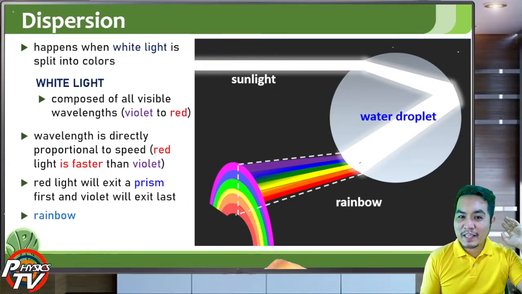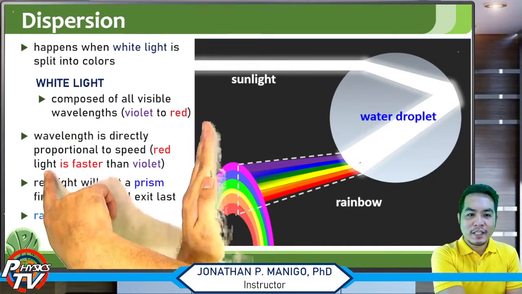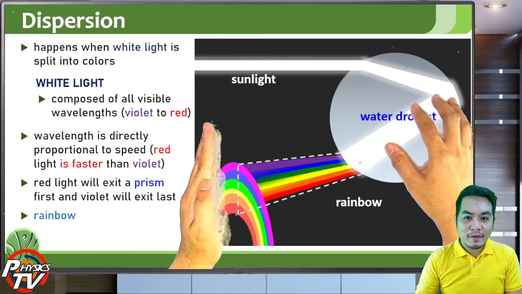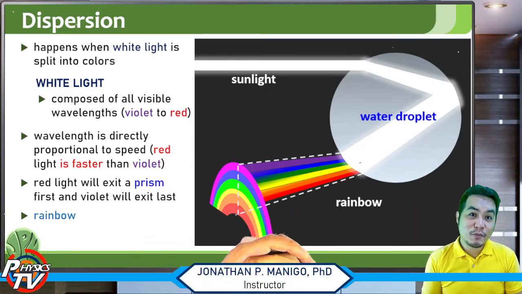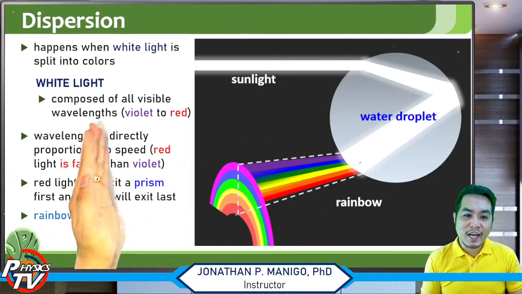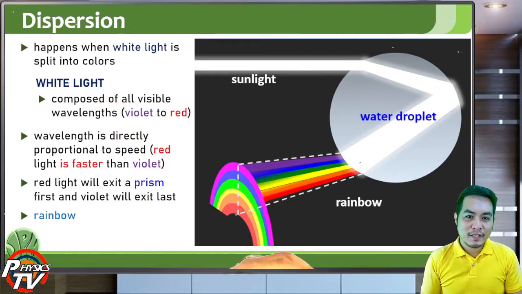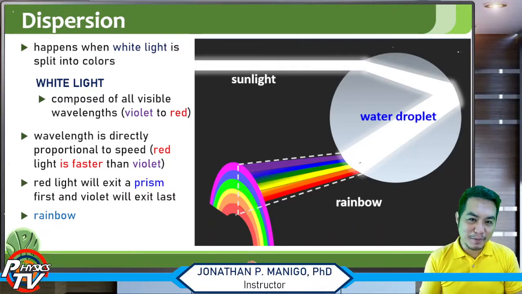If the person is standing here, then the sun must be behind him, and the water droplets, the rain, must be in front of him. That is the arrangement for you to see a rainbow: sun, the person, and then the water droplets or the rain. If that is not the arrangement, you can't see the rainbow.